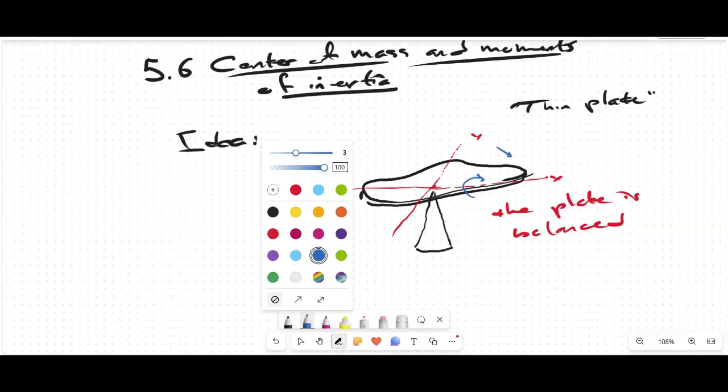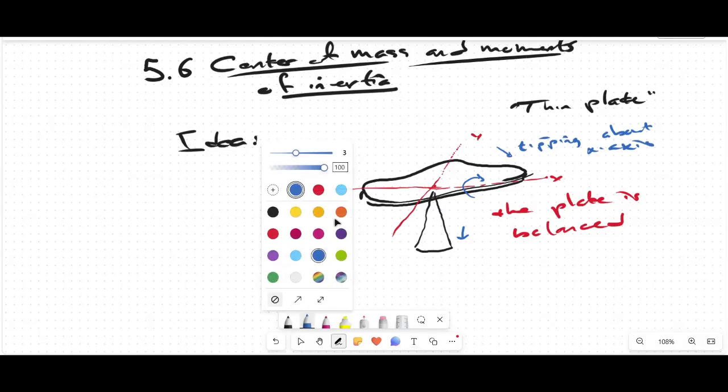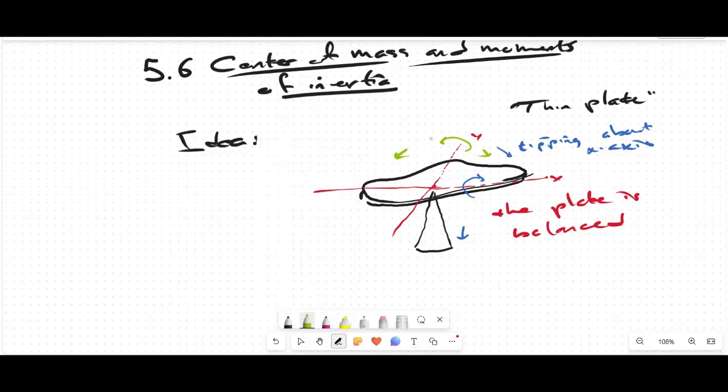So maybe it wants to tip down on that side, or maybe down on this side. This is tipping about the x-axis. And in theory, it might also have some tendency to tip or rotate about the y-axis. Both of these phenomena are stable when this object is balanced. We're going to be able to describe this with center of mass and moments of inertia.